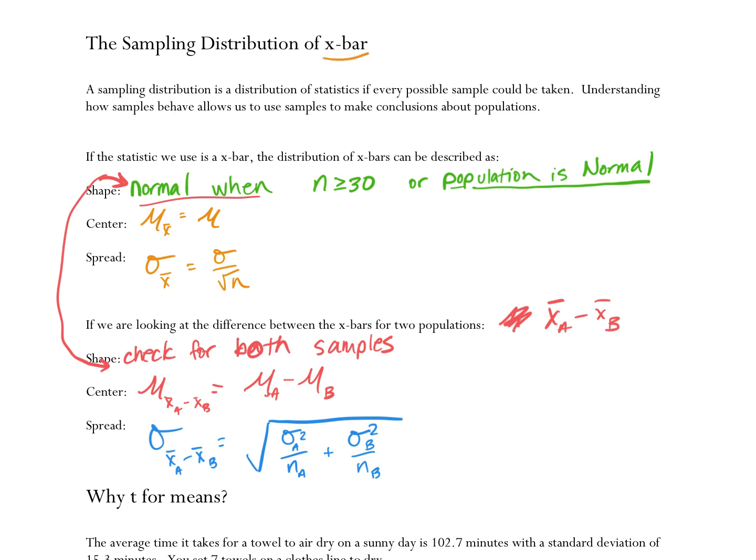We typically use X bars, and in general, we use these to describe quantitative variables. You can't have a mean and a standard deviation of a categorical variable, right? So when we talk about the p-hats, they describe categorical variables.